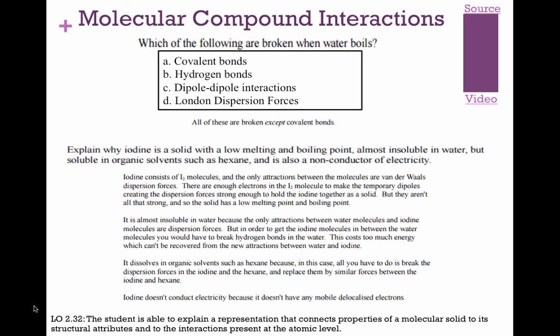Iodine is I2. What intermolecular force exists in I2? Yeah, dispersion. I2 molecules are held together with dispersion forces. So that means that I2 is pretty weak in terms of intermolecular forces. Dispersion forces are easy to break. Sometimes they break at room temp.